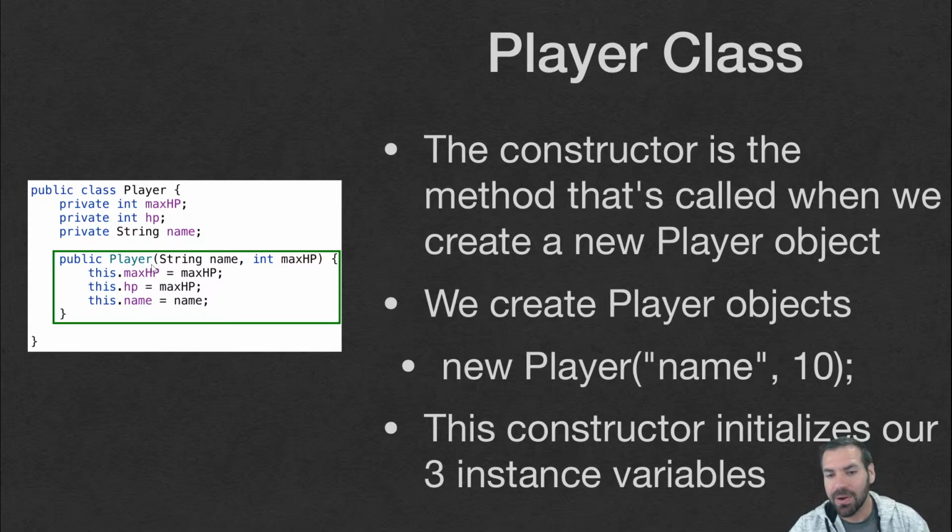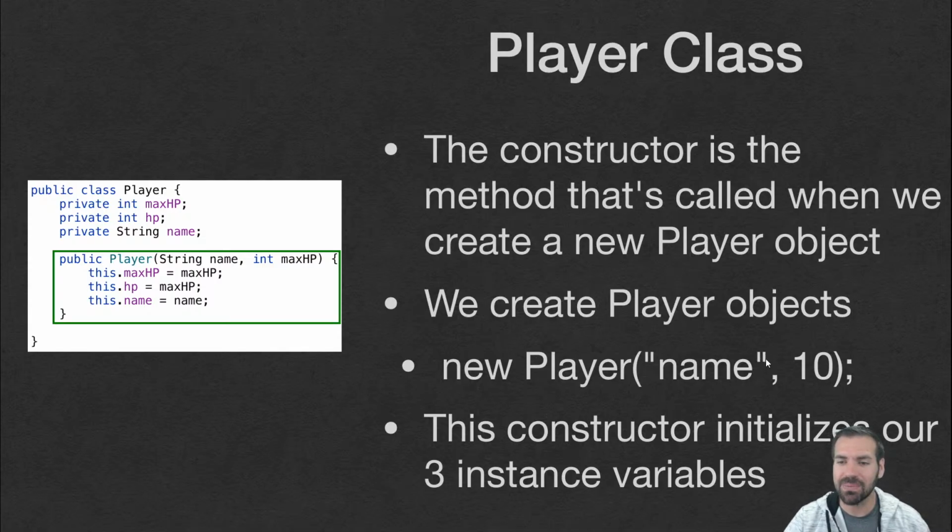Once you get past the new, the Player, the no return type, all that stuff, once you get to the open parenthesis here, it's pretty much a regular method call. You have two parameters in this instance that are String and int. So when you call it, the argument list better be two arguments that are a String and an int.